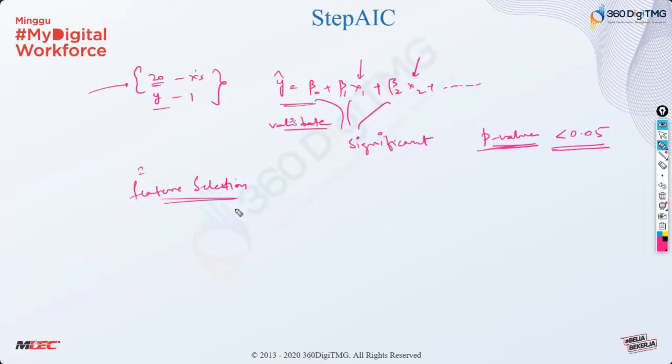Now these features should give you the best equation. Okay? And one of the feature selection approaches that we use is step AIC. We are trying to understand step AIC here.